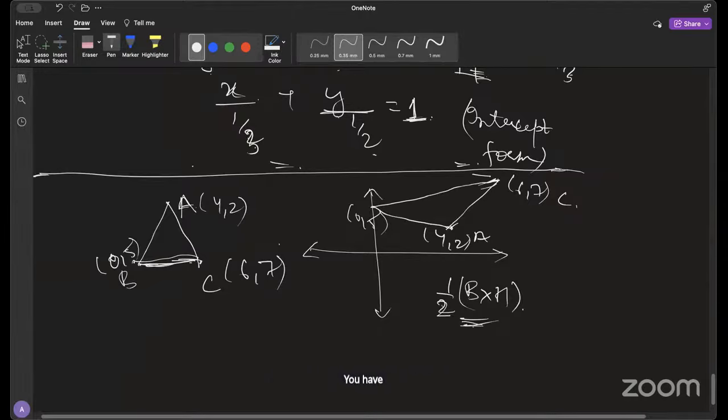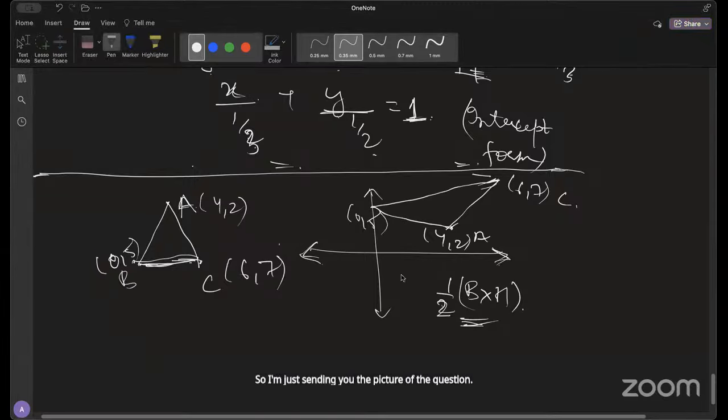Ma'am, it just has a triangle that you have drawn, nothing more than that. So I'm just sending you the picture of the question. Yes, ma'am, I have sent it to you.